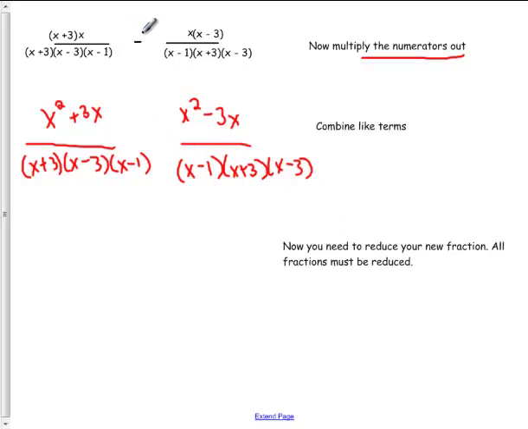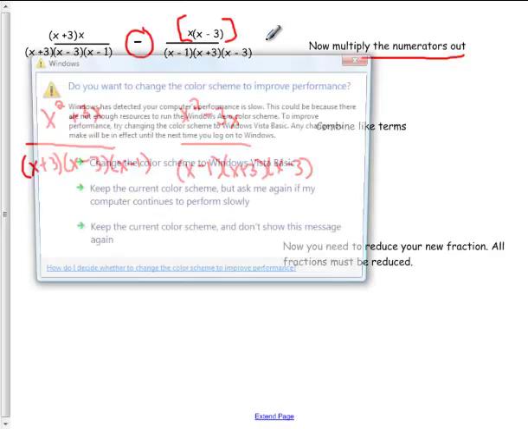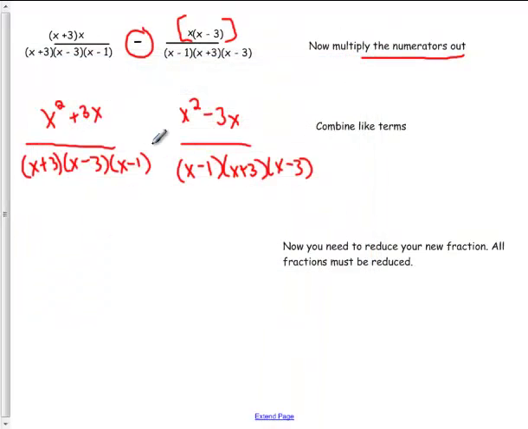The next thing I want to take care of is the subtraction. I am subtracting all of this. So to make this work, we know that we're going to take the subtraction and we're going to distribute it. So that becomes minus x squared and a plus 3x.